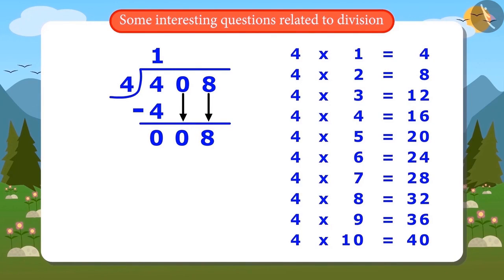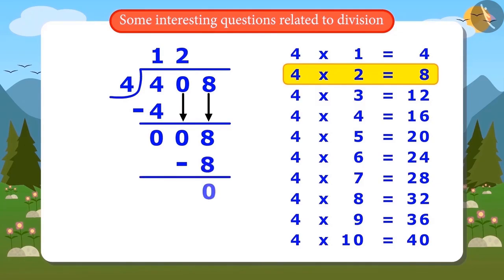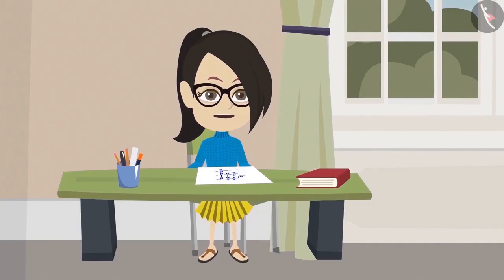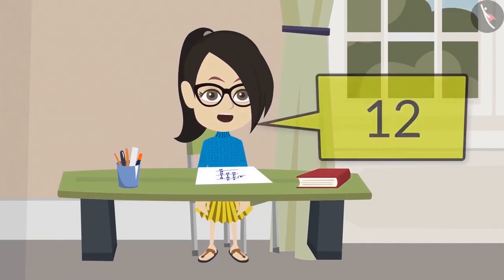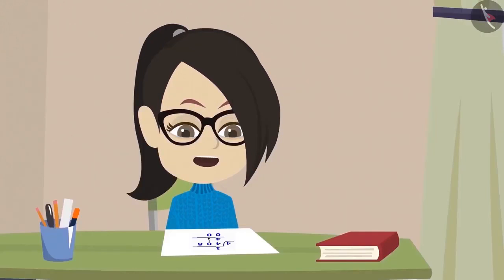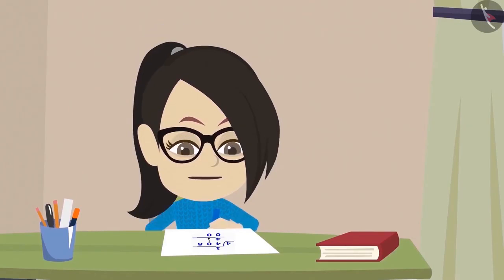If we divide 8 by 4, then the answer will be 2. The remainder will be 0. That means after dividing 408 by 4, the answer will be 12. Division is done. Now we must check this and see if the answer is correct or not.